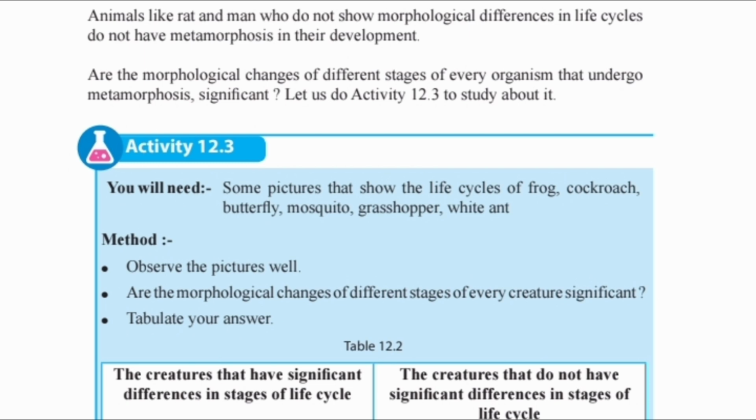Animals like rat and man did not show morphological differences in their life cycles. An extra point that will be asked in exam questions: what is non-metamorphosis? Non-metamorphosis is animals born morphologically similar to parents. Students, remember this. Metamorphosis is mostly exhibited by insects and amphibians.